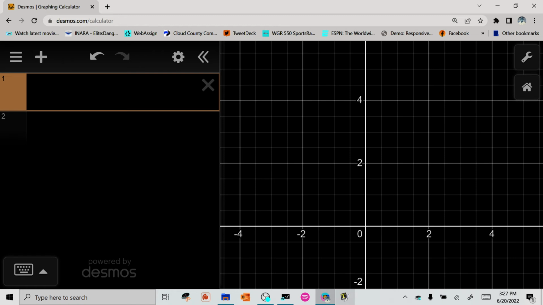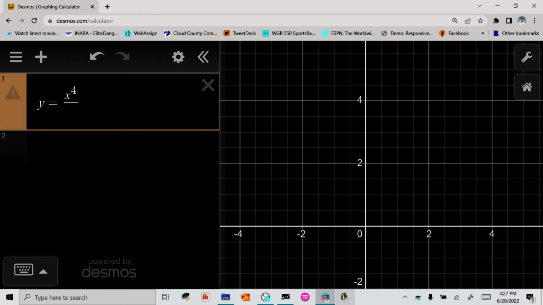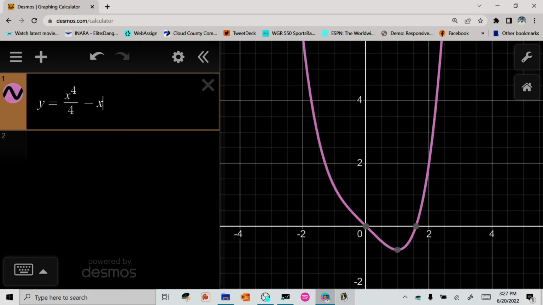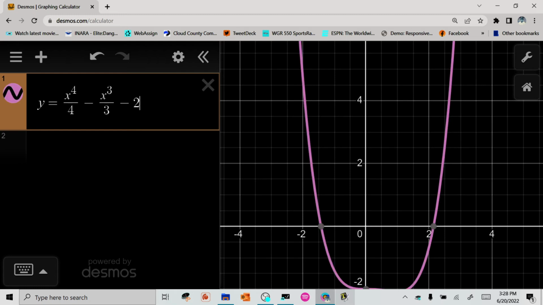So the original function here is y is equal to x to the 4th divided by 4, and then we're subtracting x cubed divided by 3, and then minus 2, okay?